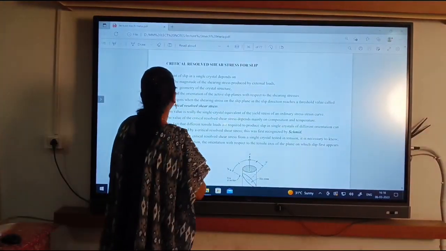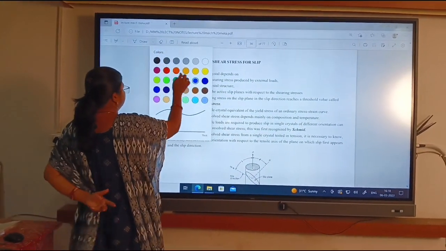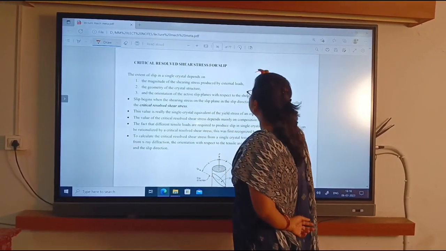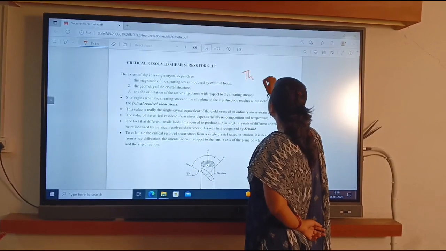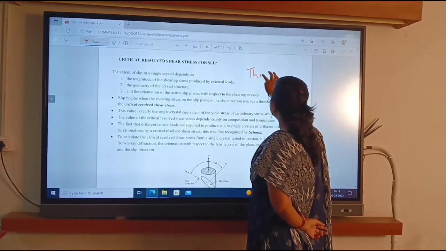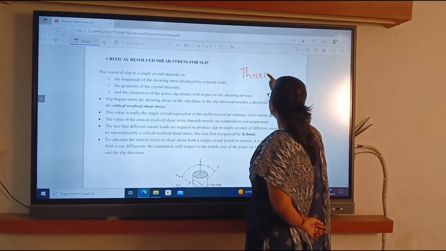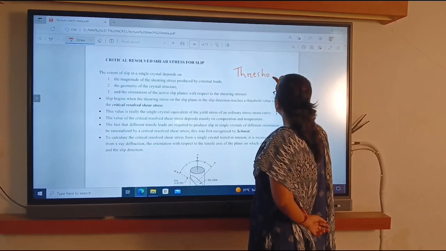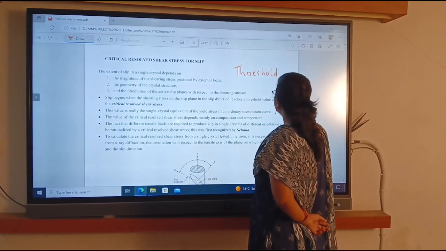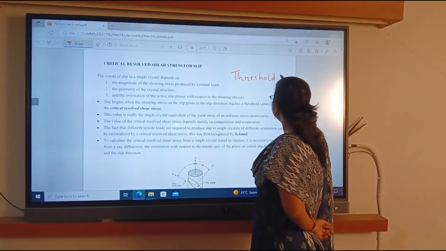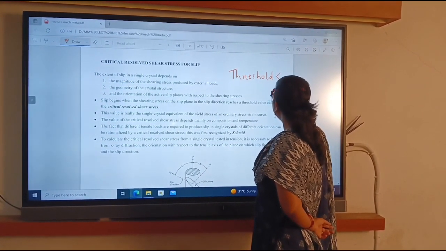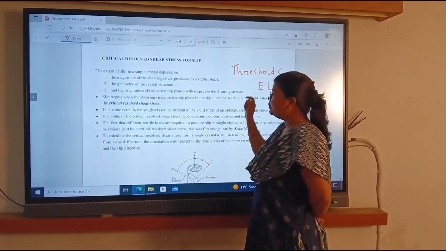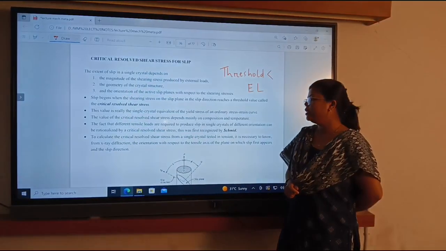So here I will be writing: the threshold must be less than the external load. Whenever this happens, only then does slip occur.